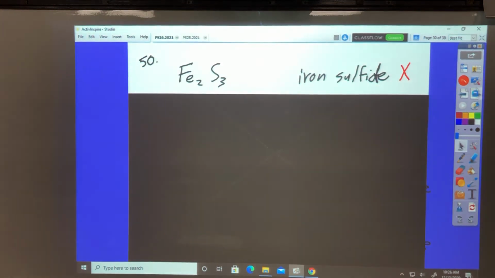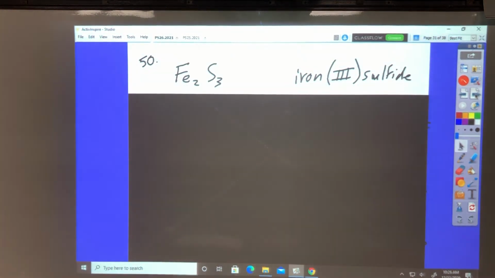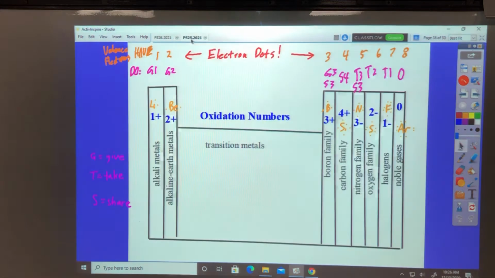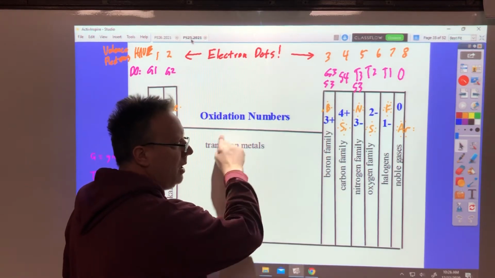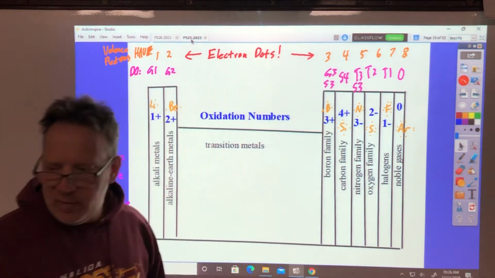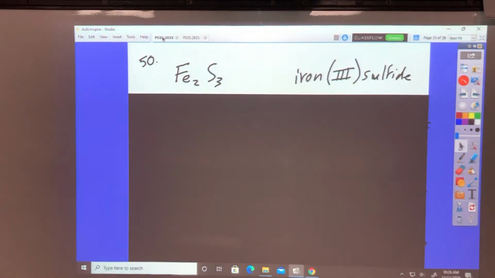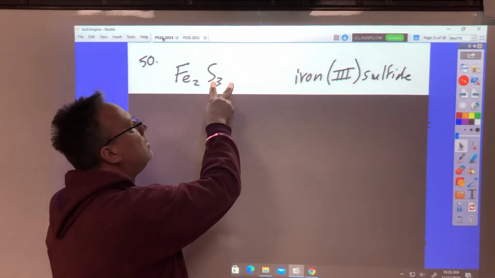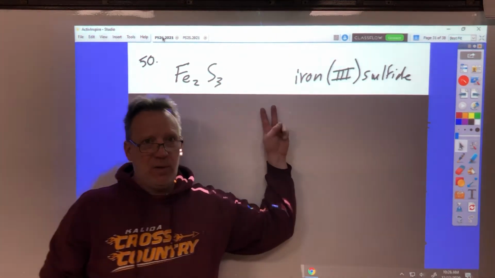Because iron is in this part of the periodic table, so we have to say what the charge is. If the sulfur took 2, and there's 3 of them, then there has to be 6 negatives.